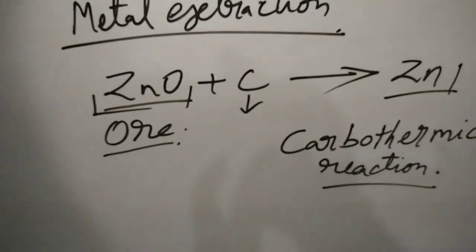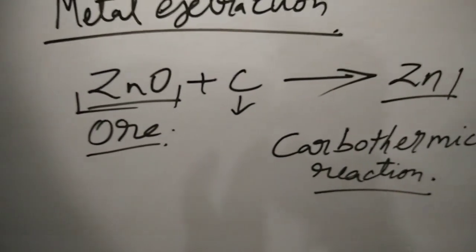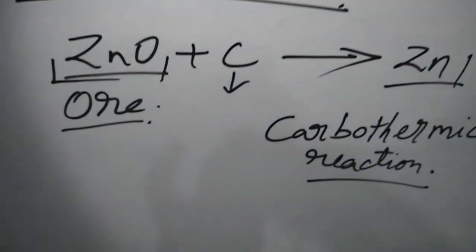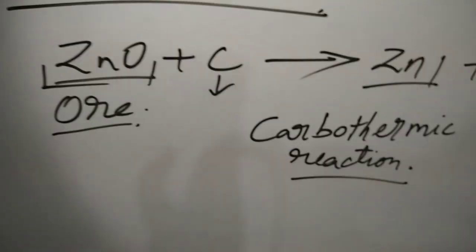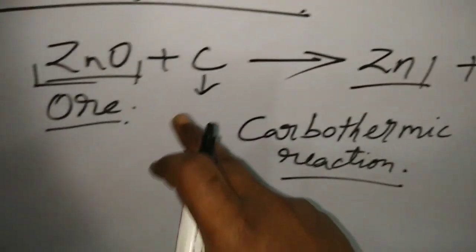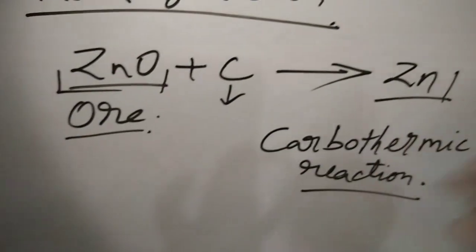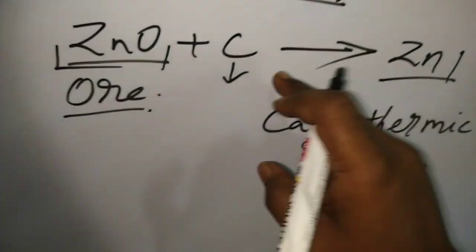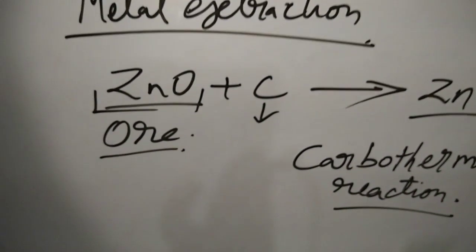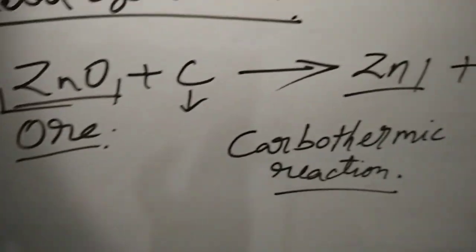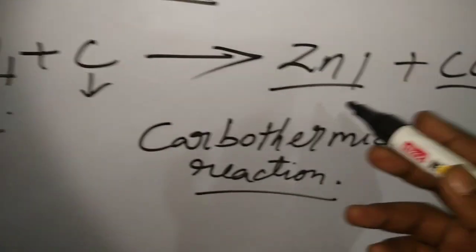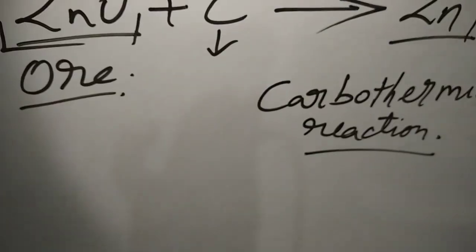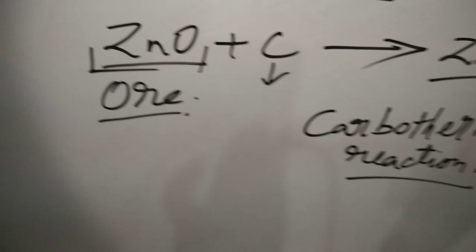Okay students, as in reduce, it will reduce the metal with the help of carbon only, no other element except carbon, and carbon here acts as a reducing agent. See, it reduces oxygen to form zinc, the pure form of zinc. This is only a carbothermic reaction.